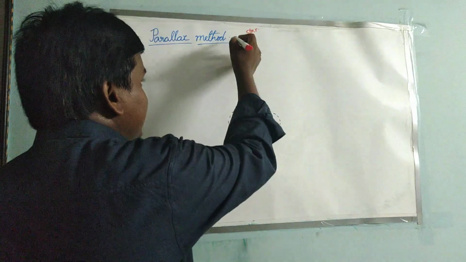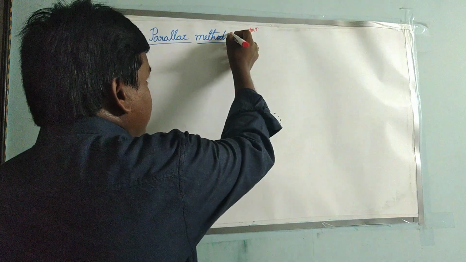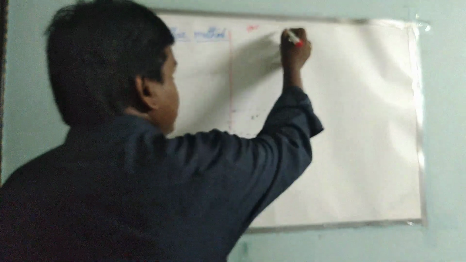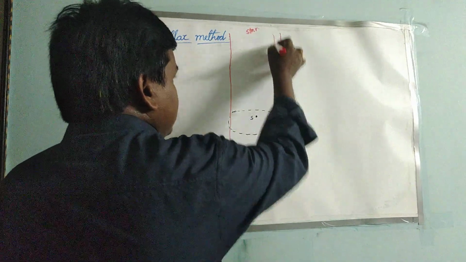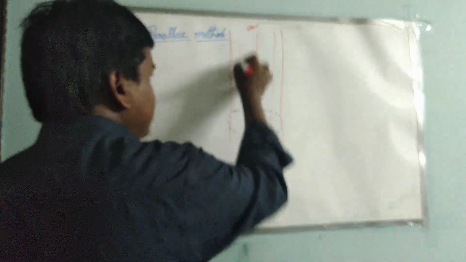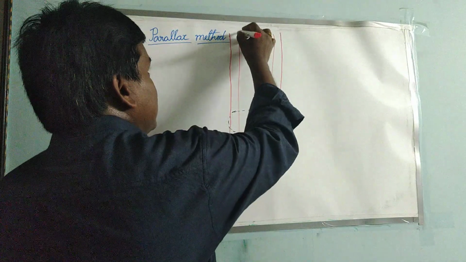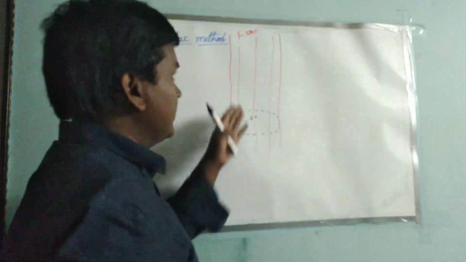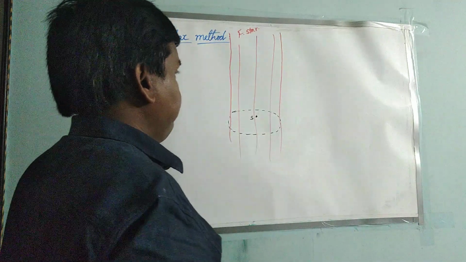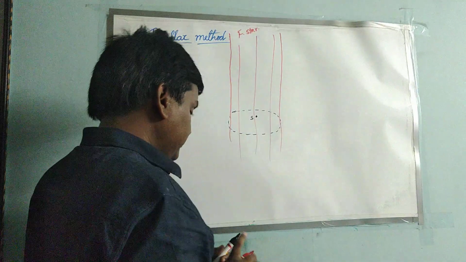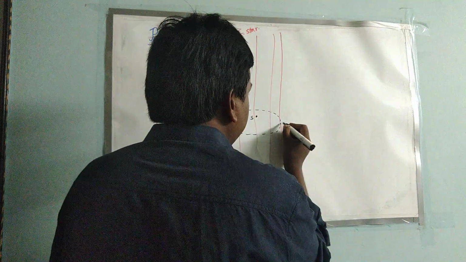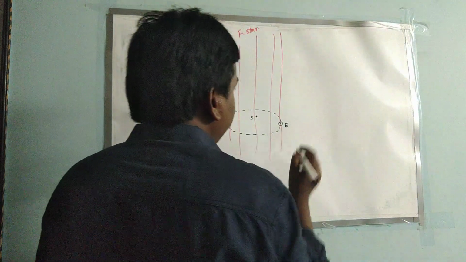So the rays from this star will be like this. These are the rays from what I am naming the far star. From the far star, the rays are like this, and this is the position of the earth.